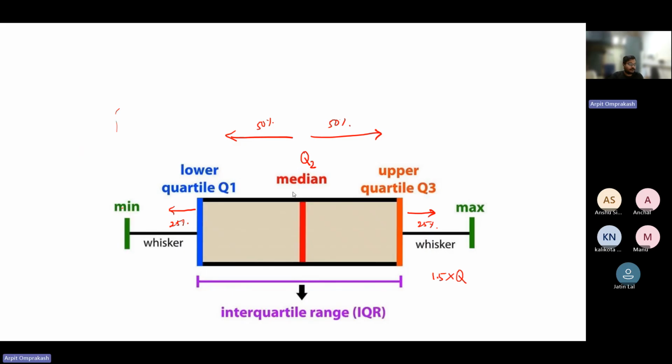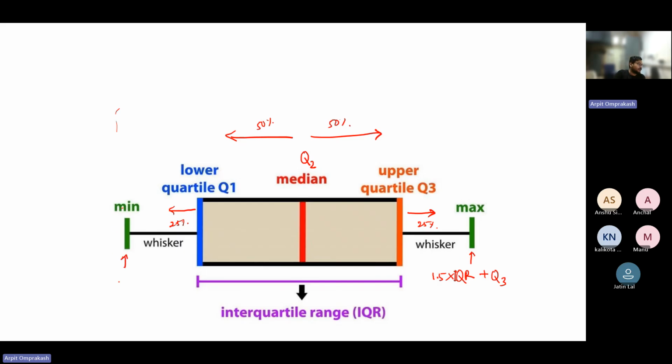Sorry, it's 1.5 times the interquartile range. So Q3 plus 1.5 times IQR will basically give you this number, which is the maximum the whisker can go up to.